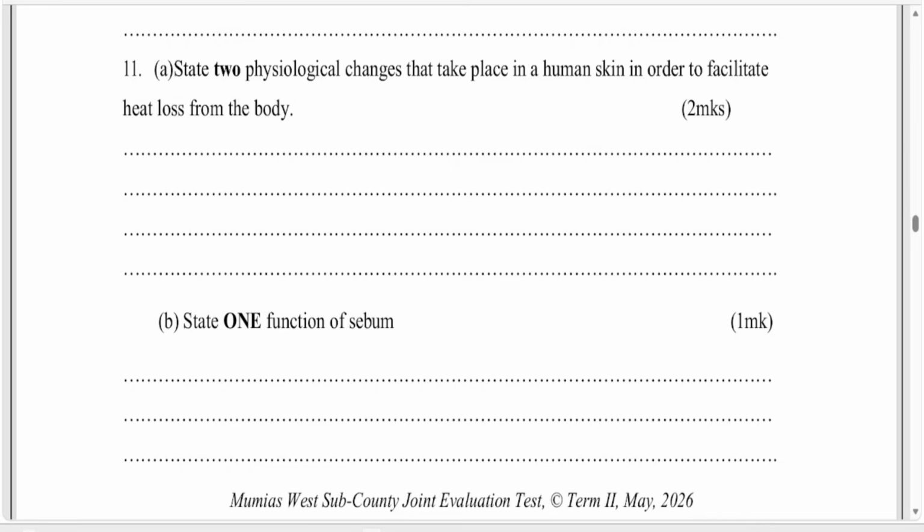Skin is one of the organs that bring about thermoregulation. It is a homeostatic organ. It regulates body temperature. And this particular organ has certain structures or parts that make the process of thermoregulation a success.